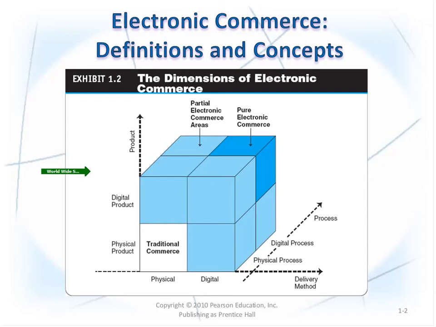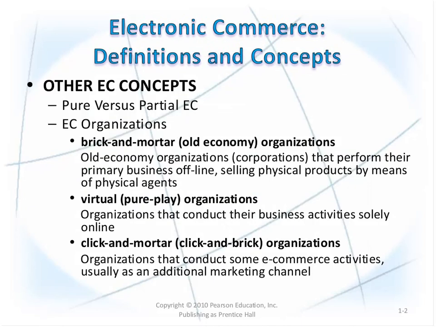In the next slide, we bring some examples for these different methods, some definitions, pure versus electronic commerce. In electronic commerce organizations, we have three methods: brick and mortar, virtual, and click and mortar. Brick and mortar is the old economy organization, selling physical products by means of physical agents.